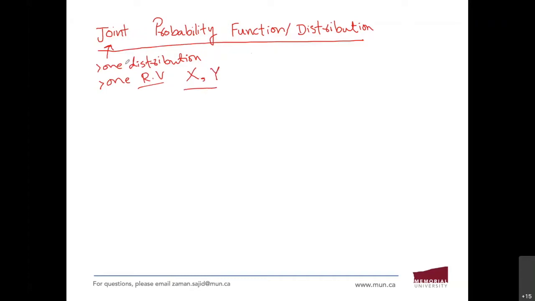So what is the joint probability function or distribution? This will be the probability distribution in particular for two random variables. In our example, we are going to call them x and y.